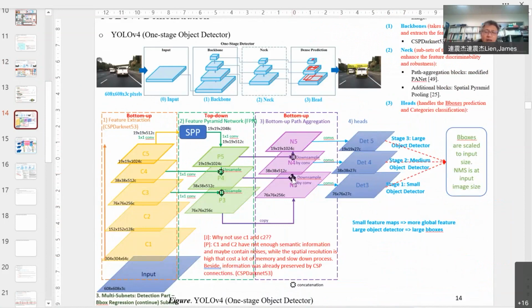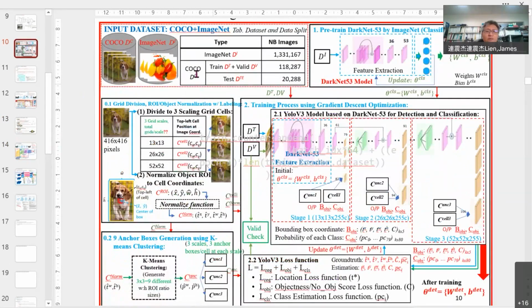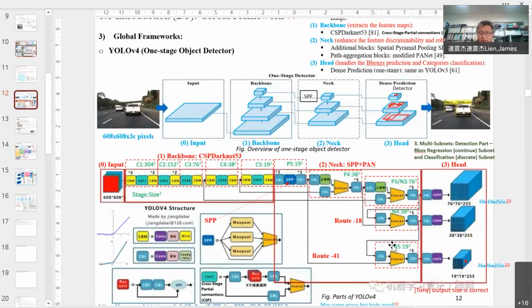So we have N3, N4, N5, three scales. These three scales are the same as in YOLO V3. We have three scales, 1, 2, 3. The same idea. So they improve the PANet to here, and we have three scales.